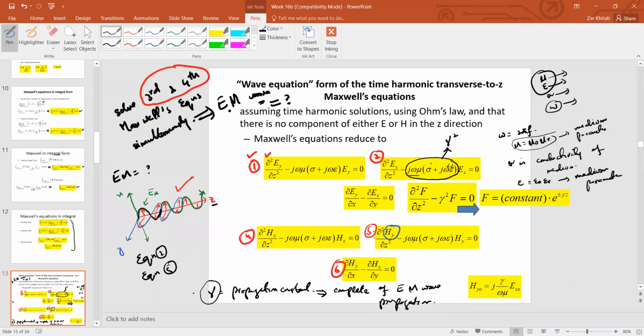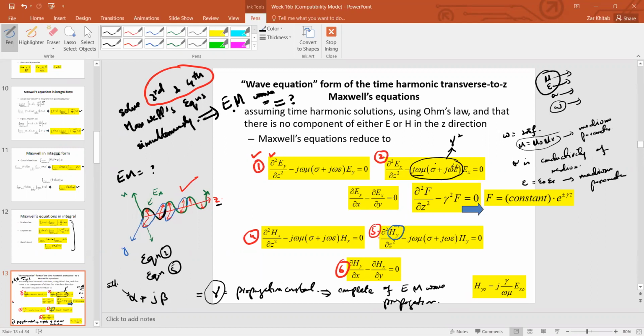It's called the propagation constant. This is equal to alpha plus j beta. Alpha is the attenuation constant and beta is the phase constant. Okay, so this thing is going to give you the complete journey.